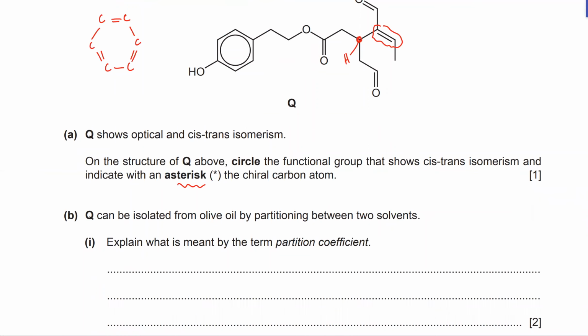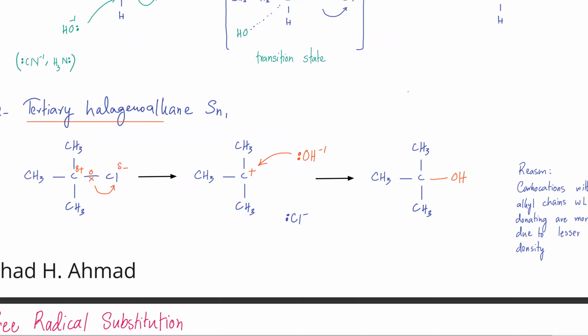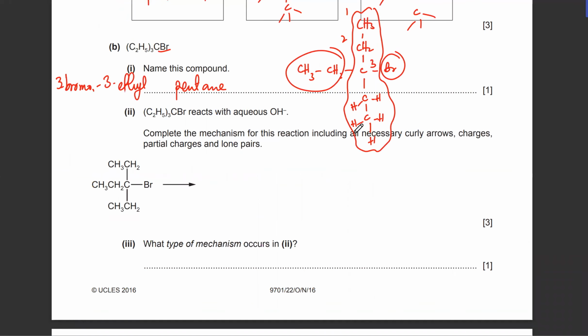Just a second. So first the carbocation will be formed. They asked to show all the arrows, so show the arrows. Anyway, you've got CH3, CH2, carbon, and then another CH3, and at the bottom CH2, CH3.